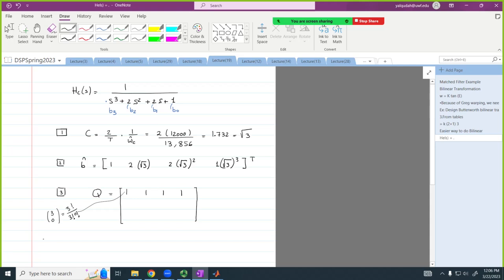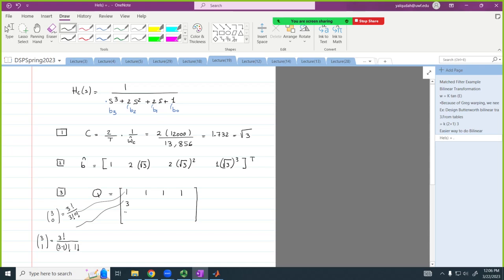And then we're going to have 3 choose 1, which is going to be 3 factorial over 3 minus 1 factorial, 1 factorial. And this is going to equal 3. It's going to be 3 times 2 times 1 over 2 times 1. You're going to cancel it, and get a 3.